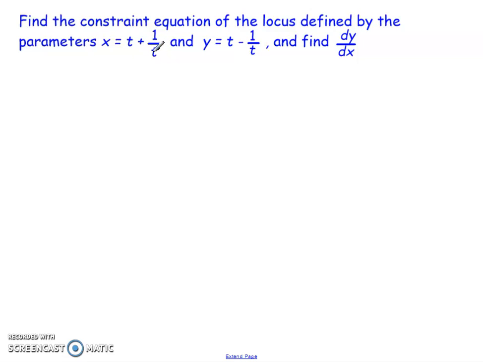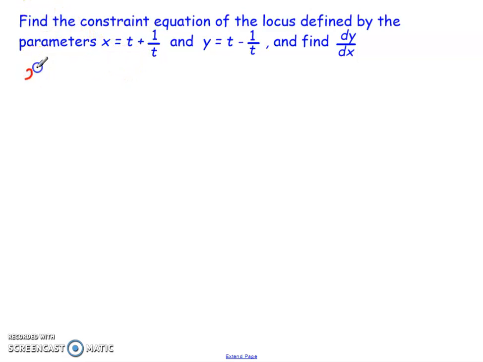However, the manipulation for this requires a lot of work. So what we're going to do is take these equations, square both of them, and then subtract them from each other.